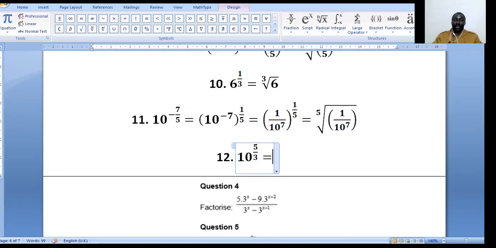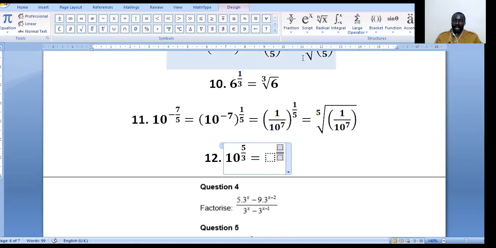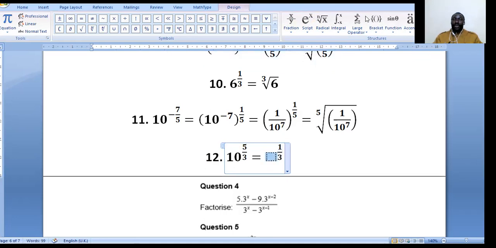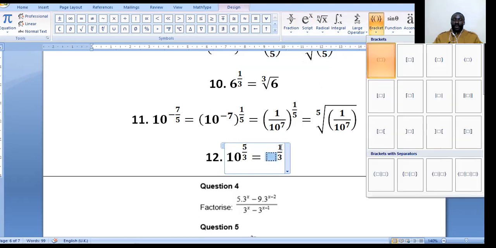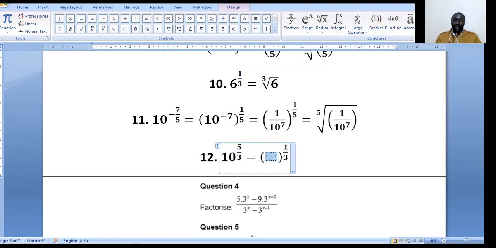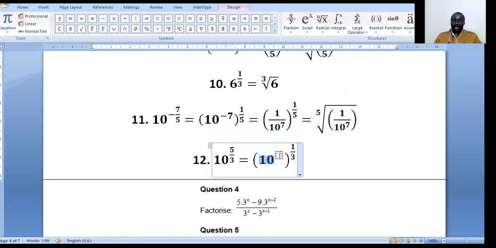Well, we can write this with the help of the exponent system. We want to keep this 1/3 out. So keeping the 1/3 out, everything else will be inside the bracket. Inside the bracket here, we would like to have 10 raised to power 5, like this.